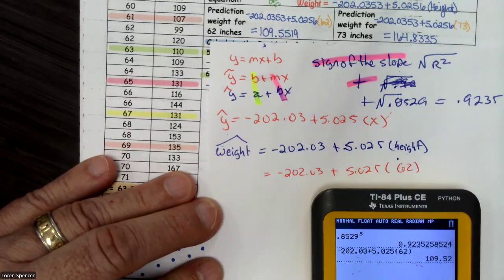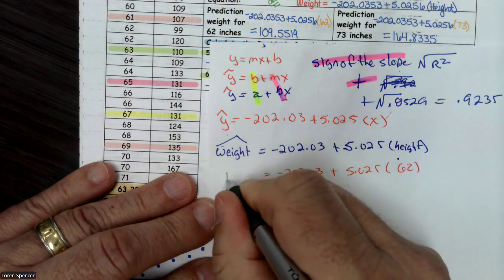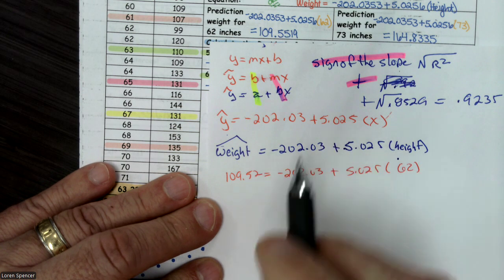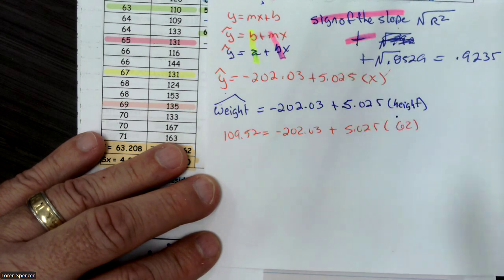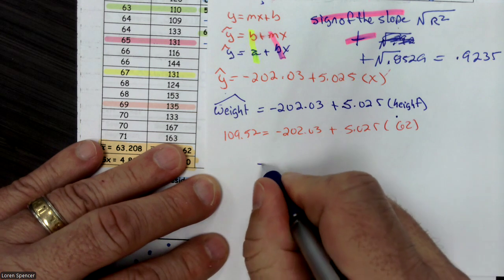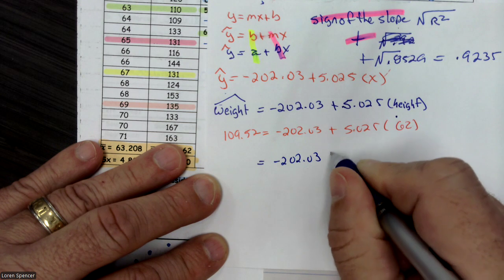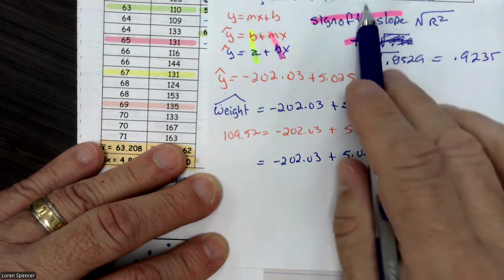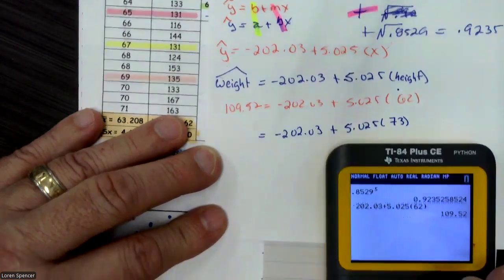The next one, we're going to do the same thing, but we're going to do it for 73 inches. So in this case, it's going to equal negative 202.03 plus 5.025, but we're doing it for 73 inches, which is about my height.